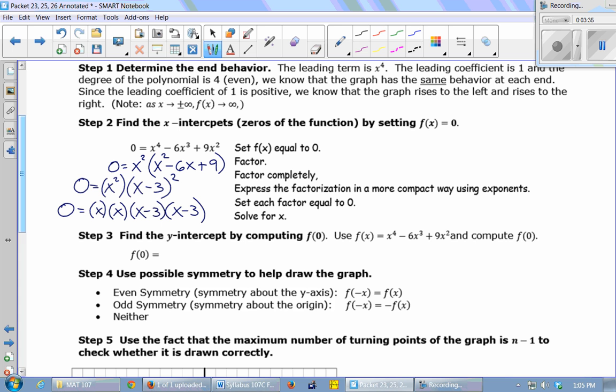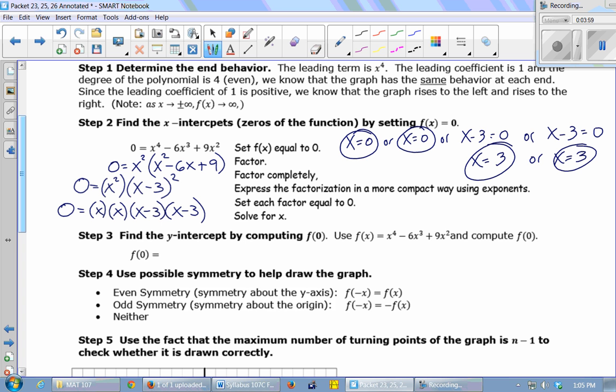So I set each factor equal to 0, and I'm running out of room. I'm going to jump up here. So x equals 0, or x equals 0, or x minus 3 equals 0, or x minus 3 equals 0. So I have x equals 3, or x equals 3.